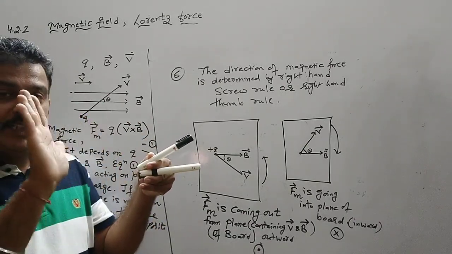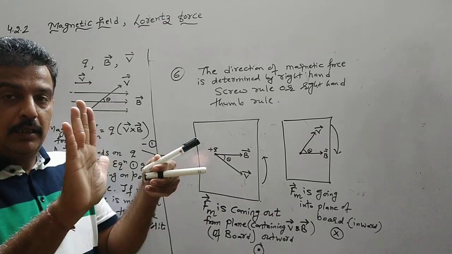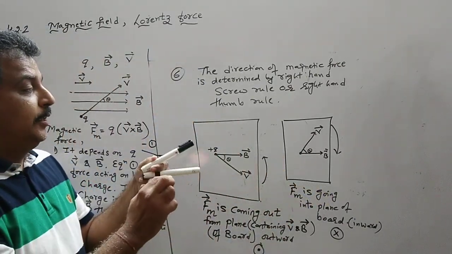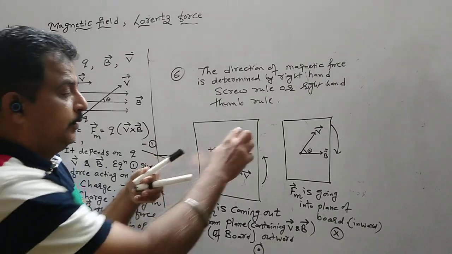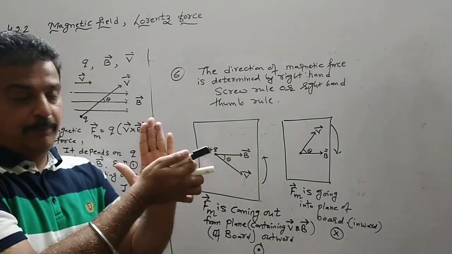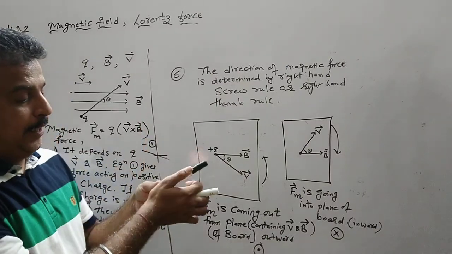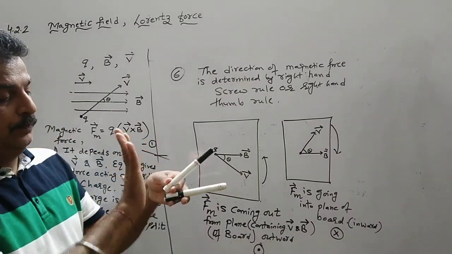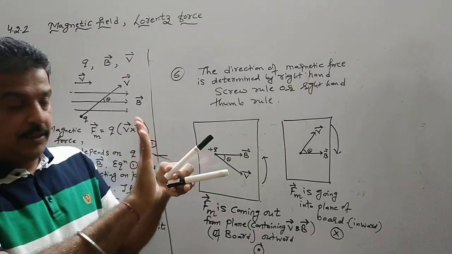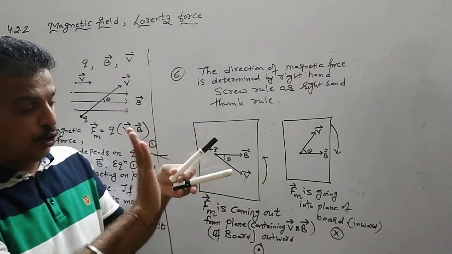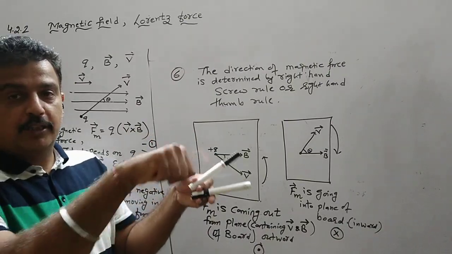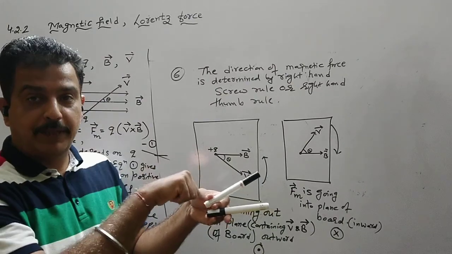So I will keep my palm perpendicular to the plane containing these two vectors. This is the plane of V and B vector, and I keep my palm perpendicular. Now I curl my fingers so that V falls on B. If I see my thumb, it is going into the plane of the paper.